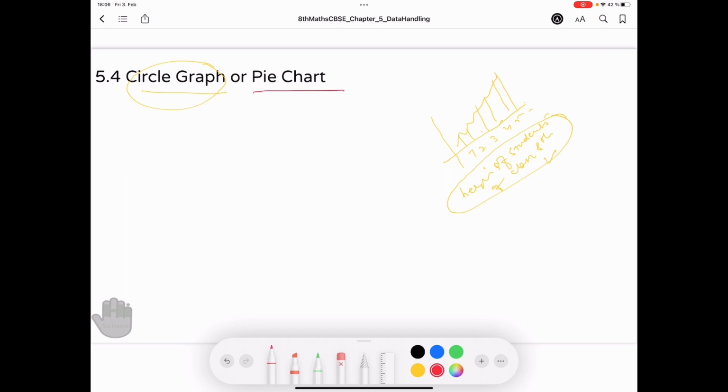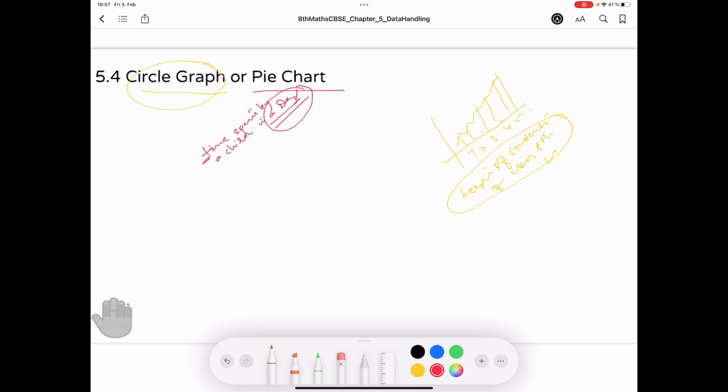Now let us take an example for a quantity. Let's say the time spent by a child during a day. So time is the quantity spent by a child in a day.